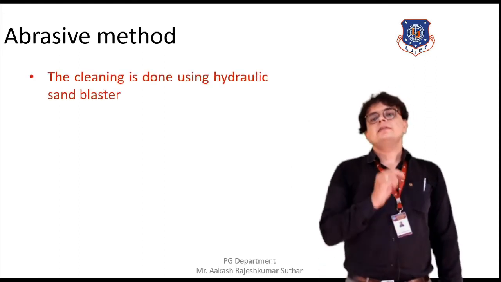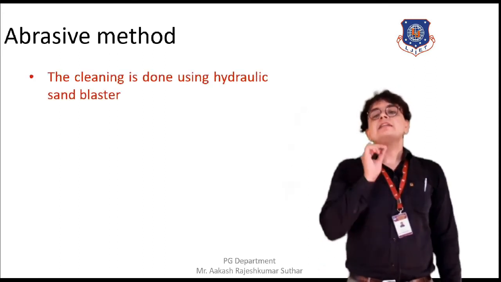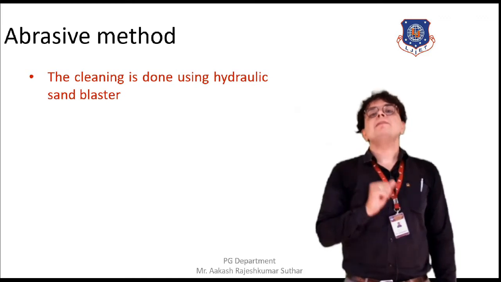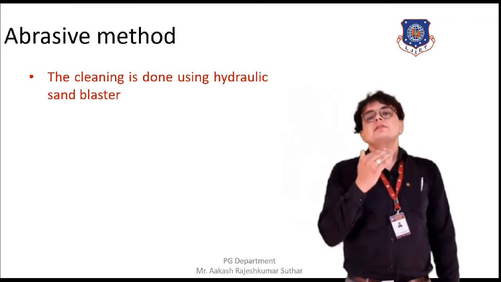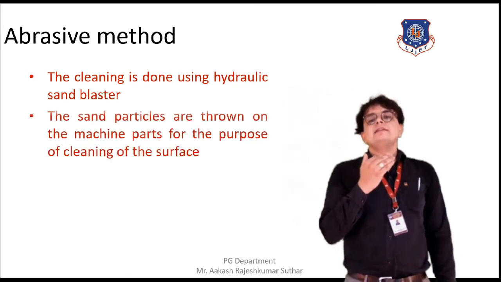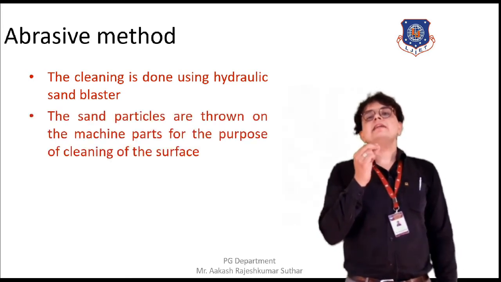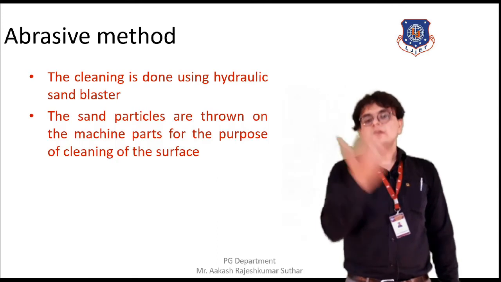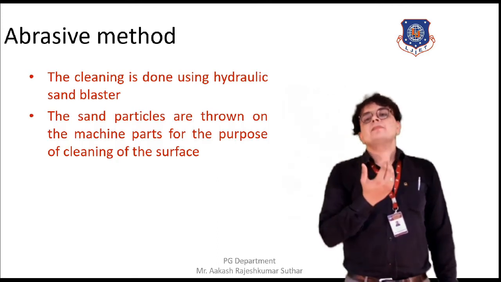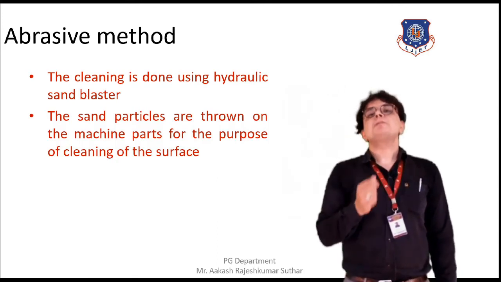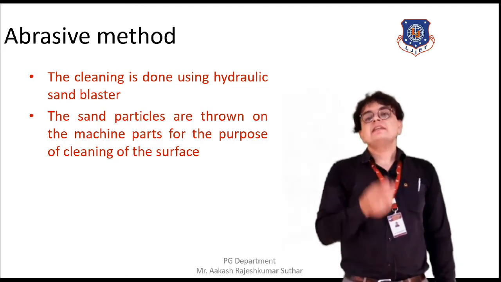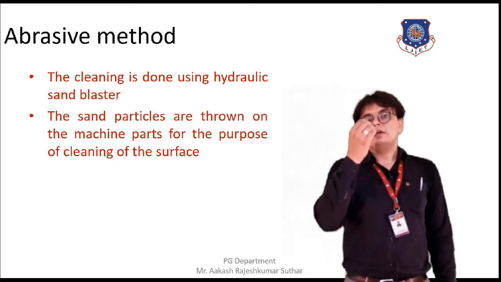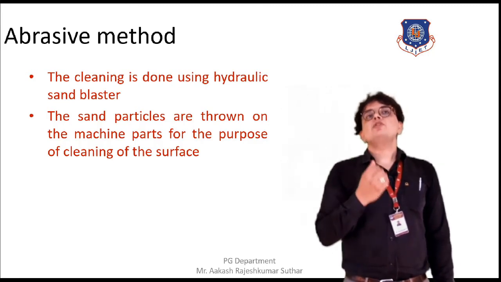So here we are using the hydraulic sandblaster equipment for the provision of the abrasion, and there the sand particles are filled into that equipment and properly sprayed to the location where the staining, the rust, the dust is required to be removed.